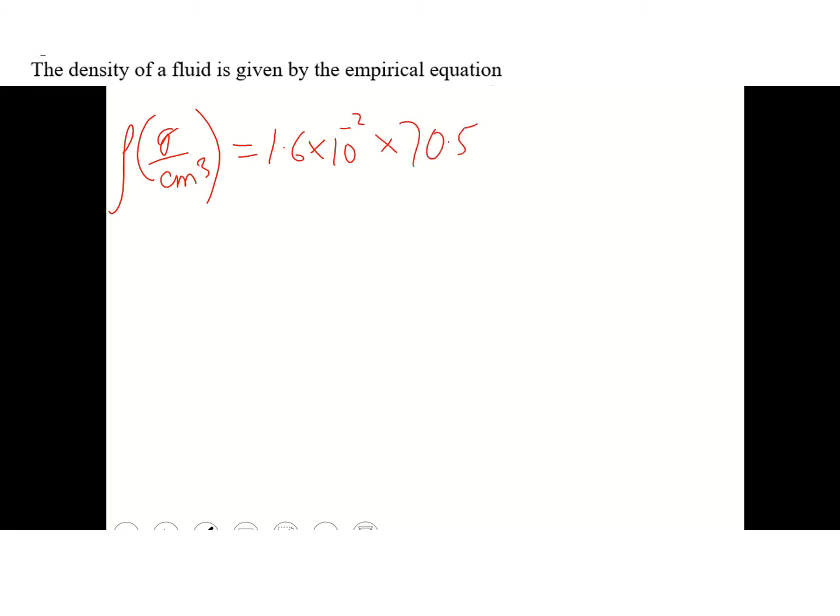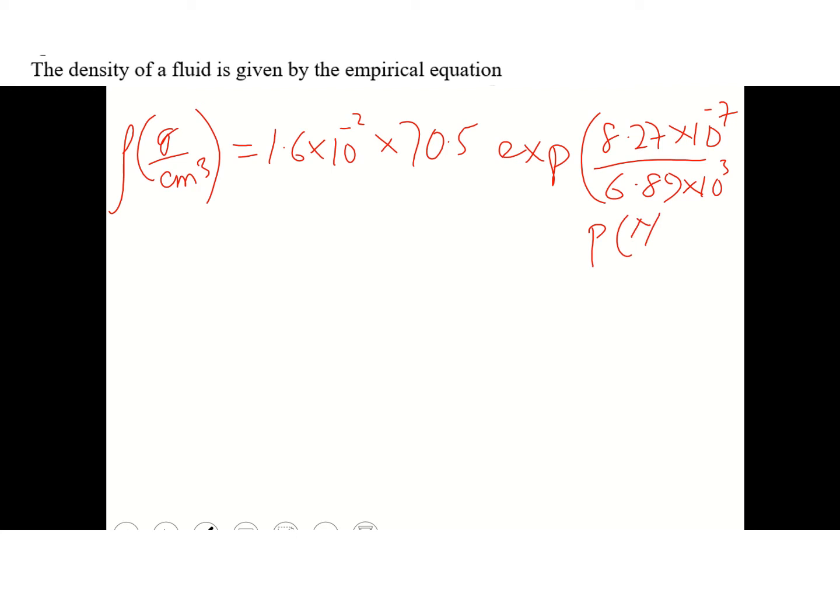So this will automatically convert this to cm cube. Then for the exponential, I have 8.27 times 10 raised to the power minus 7, over 6.89 times 10 raised to the power 3. And that will make my P to be in Newton per meter square.